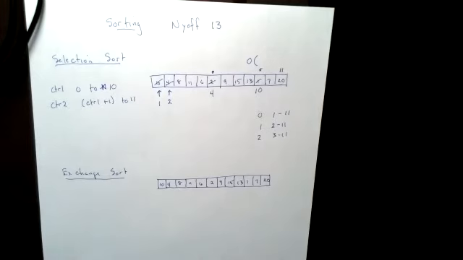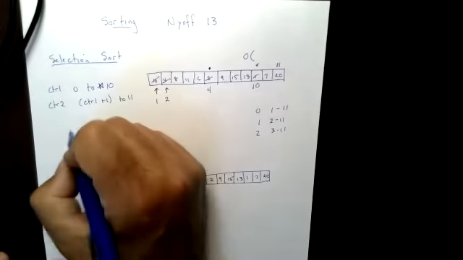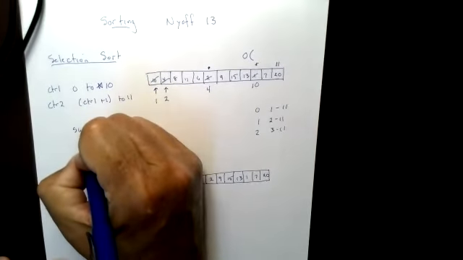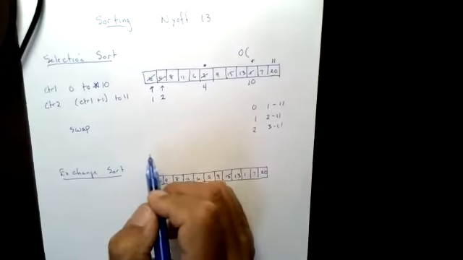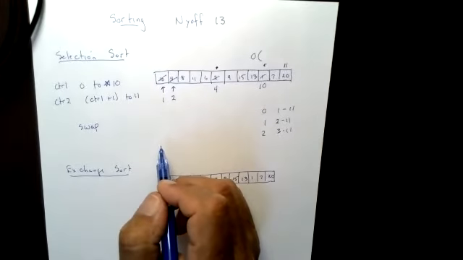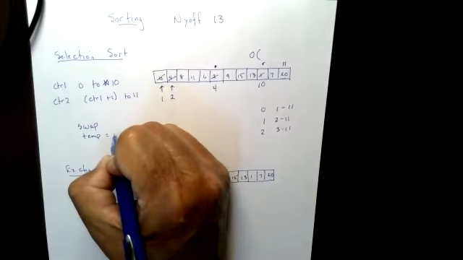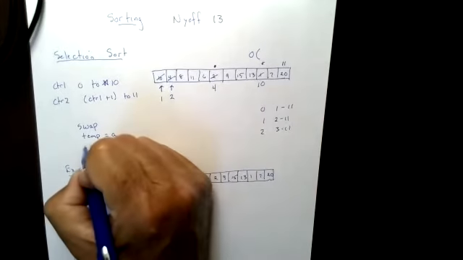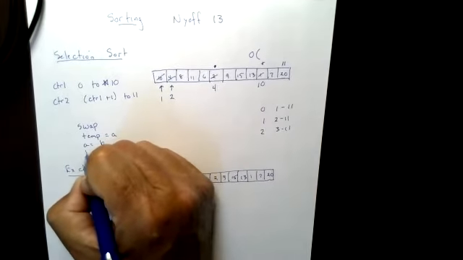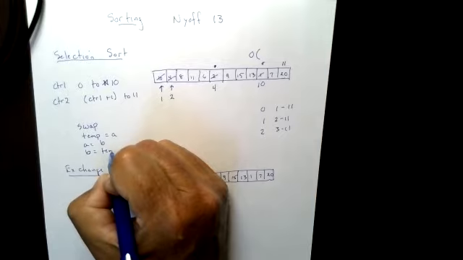Do y'all remember doing a selection sort? Most probably have a swap function where we did something along the lines of temp equals A, A equals B, B equals temp.